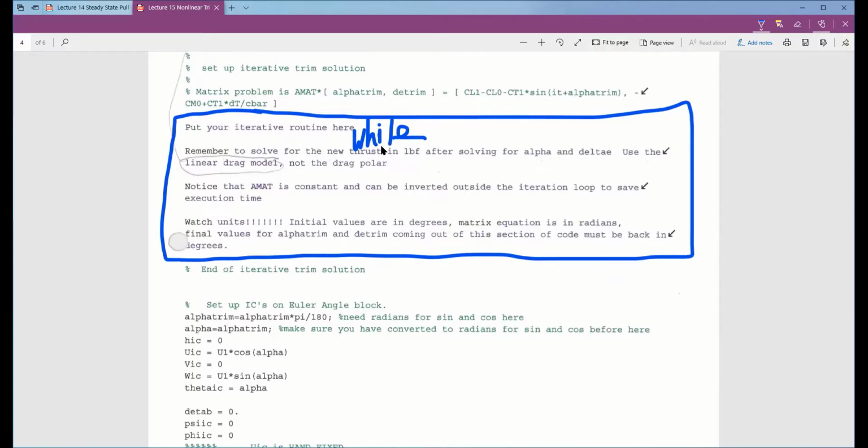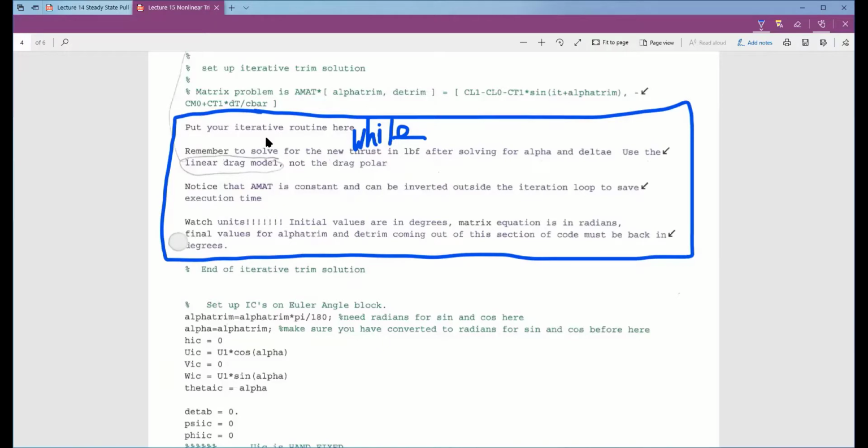You're just going to check the new alpha, compare it to the old alpha, and if that changes less than the specified amount, you call it good and you drop out of the loop. The advantage you guys have over like 5 years ago is you've all had MATLAB. You know how to do this. This is easy. Some students in the past had to kind of learn MATLAB from Fortran to do this, and they figured it out and they had learned it. But that's all you're going to do here, you're going to set up this matrix problem.